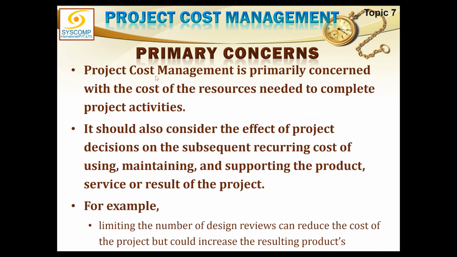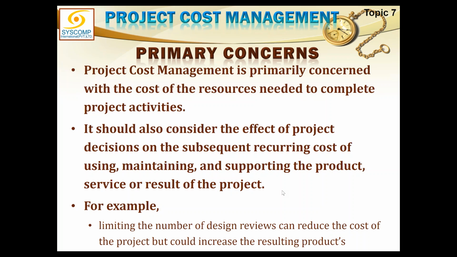The primary concern here is with the cost of resources needed to complete the project activities. We have already talked about the resources in the time management chapter, and naturally they cost money. So if I increase or decrease the number of resources, the money to be spent at that specific point in time would increase or decrease. It should also consider the effect of project decisions on the subsequent recurring cost of using, maintaining, and supporting the product, service, or result of the project.